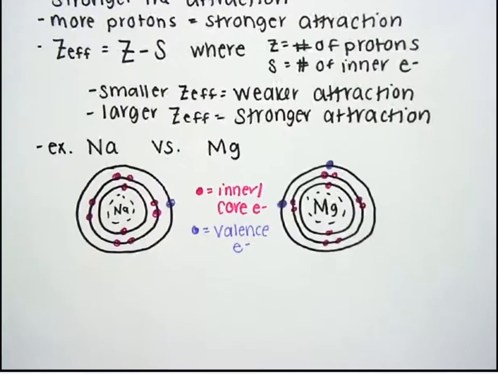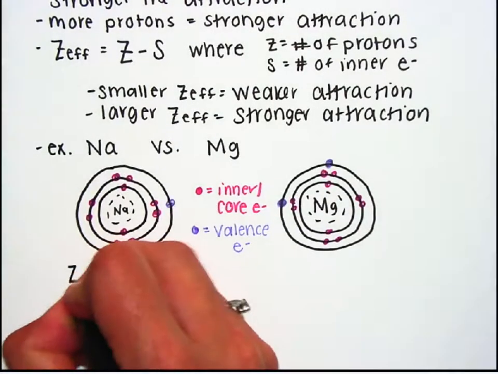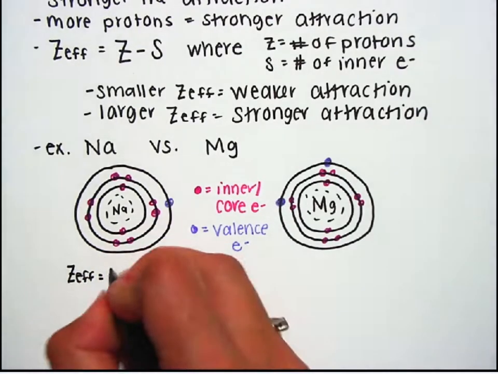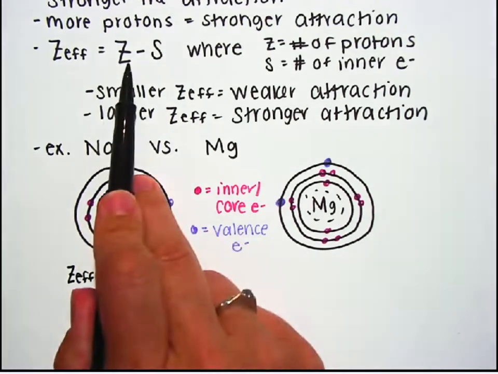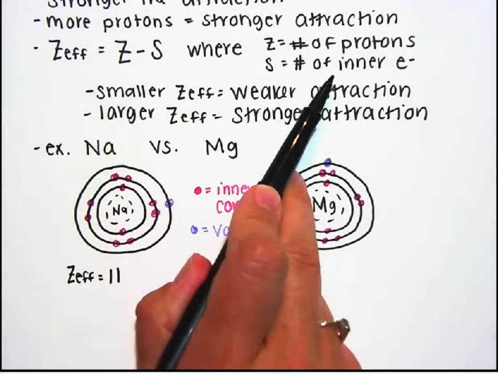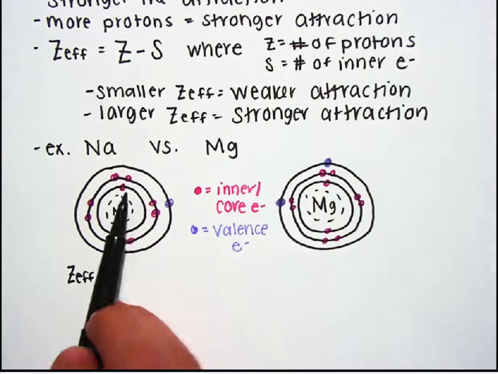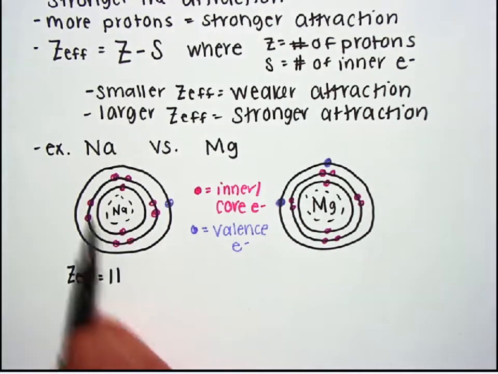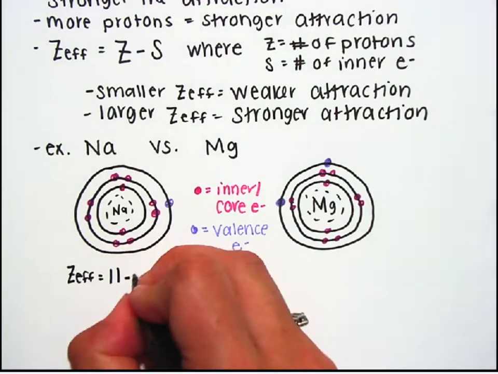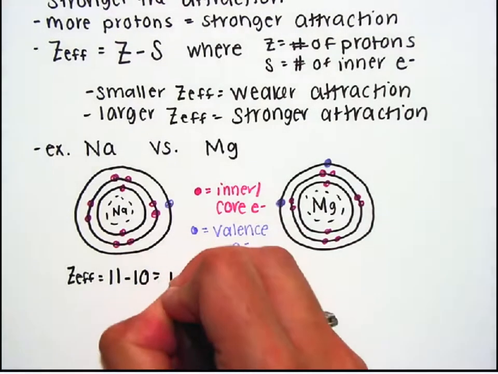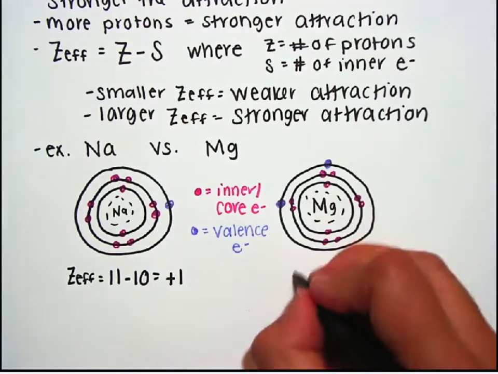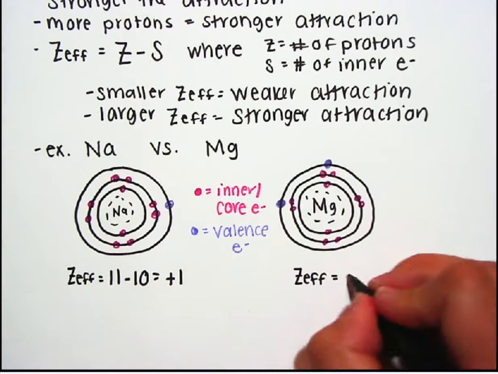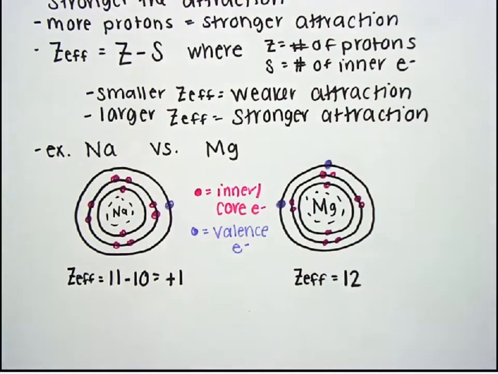So if I were to calculate my ZEF for sodium, sodium is atomic number 11, so it has 11 protons, and then I'm going to subtract out the number of inner electrons. Sodium has 1, 2, 3, 4, 5, 6, 7, 8, 9, 10 electrons. So its ZEF would be +1. If I were to do the same thing for magnesium, magnesium has 12 protons.